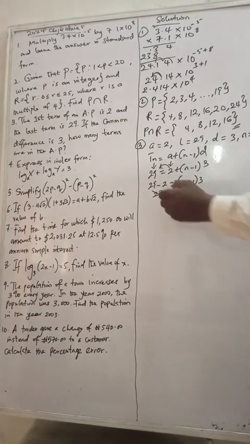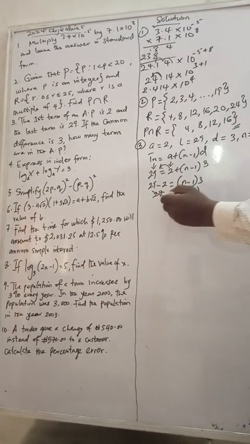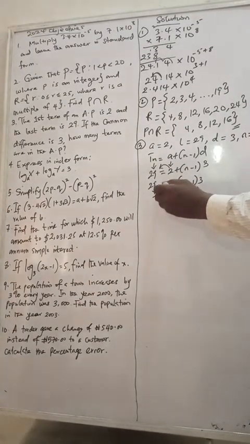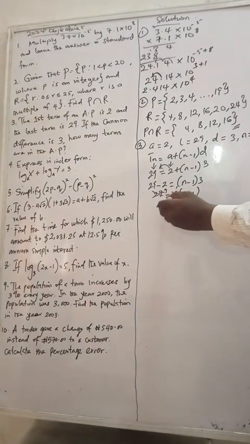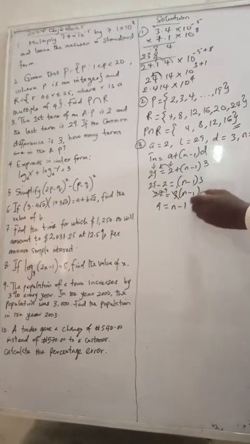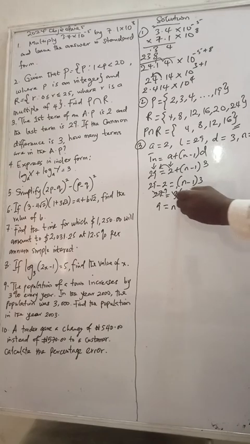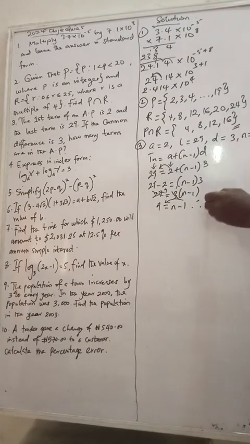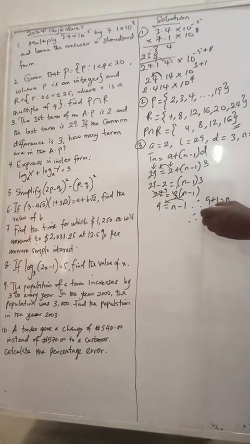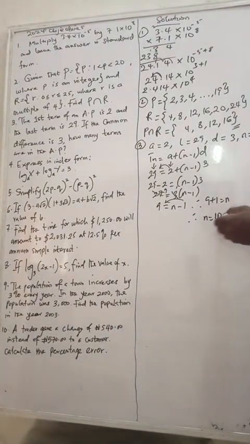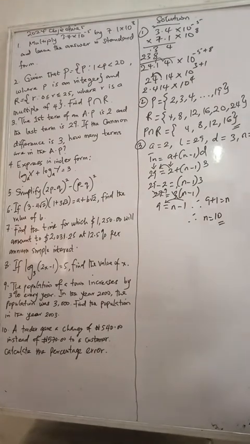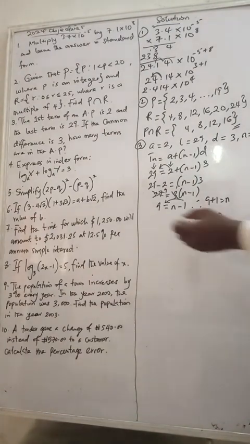If you divide both sides by 3, we have 9 equal to n minus 1. From here, bringing this one out, we have 9 plus 1 equal to n. Therefore, n equal to 10. So that's for number 3.